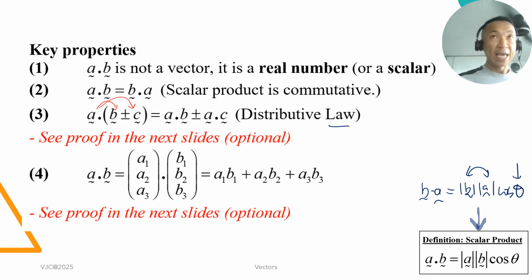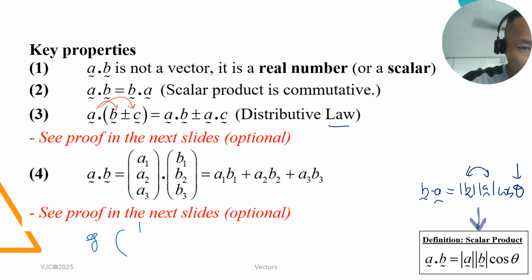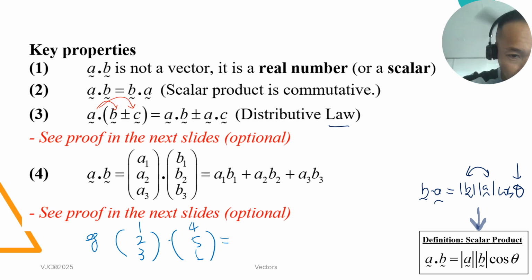Next, if I take two vectors in column vector form and dot them with each other, it can be shown that, using an example, if I take 1, 2, 3 dot 4, 5, 6, it is actually 1 times 4 plus 2 times 5 plus 3 times 6.